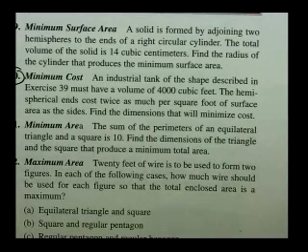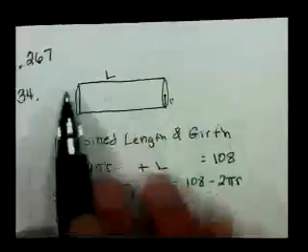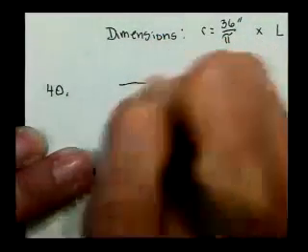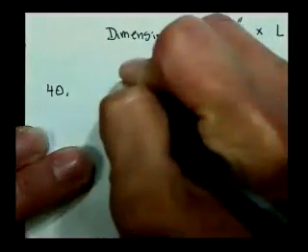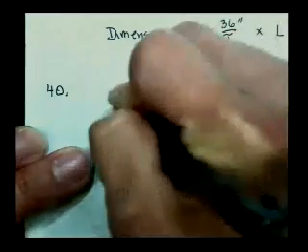You know what that would look like? I have a propane tank in my backyard. It looks pretty much like this with hemispheres, round ends. So here's the cylindrical part of it, and then let's see.